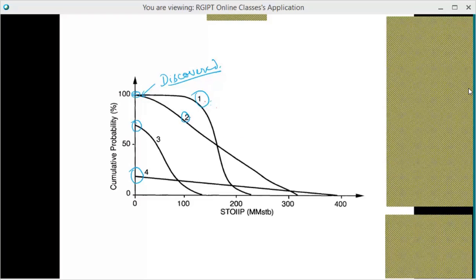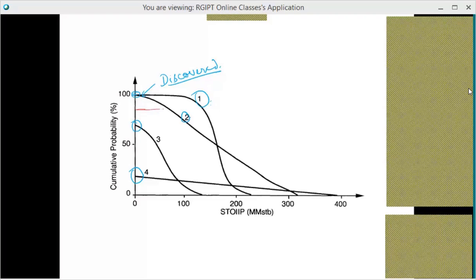And of course, curve number one is towards a more mature field, because as you can see, there is very little difference between the P90 estimate and the P10 estimate.